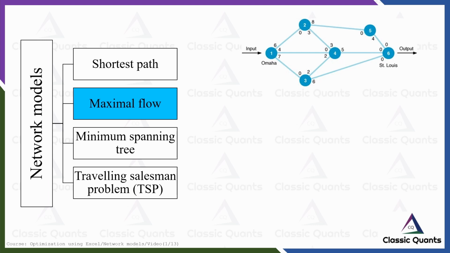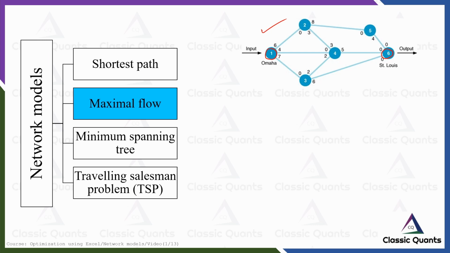Now come to the maximal flow problem. The network diagram is almost similar. It looks similar to the shortest path problem, but it is not actually the same. What is maximum flow? Suppose two nodes are given. One is your source node, another one is your sink node.